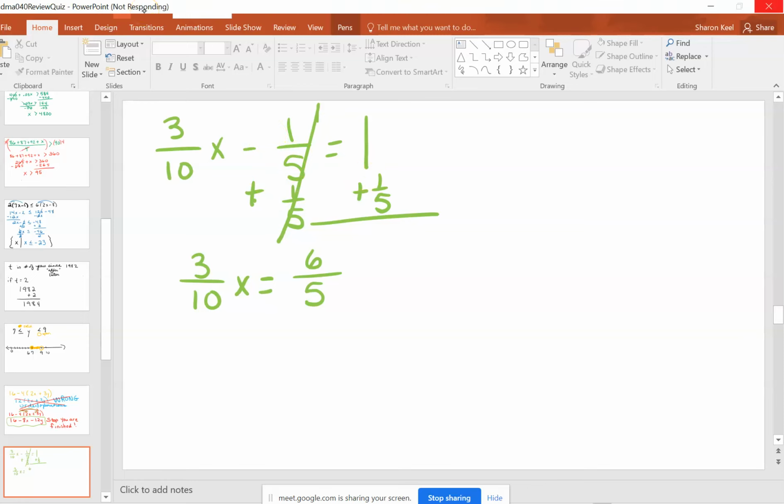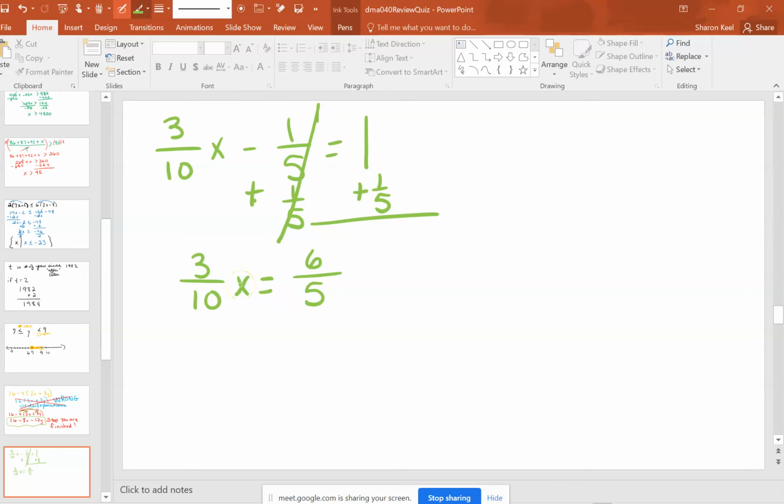The next thing that we look at is this is 3/10 times x. So when you have multiplication, the opposite of multiplying is to divide. So all we're going to do is write divided by 3/10, divided by 3/10. Here, my 3/10 is going to cancel.